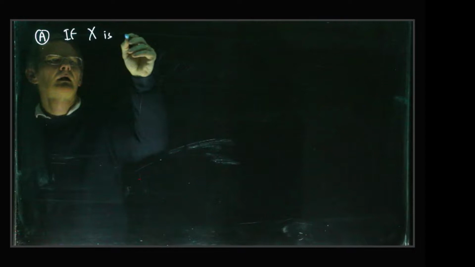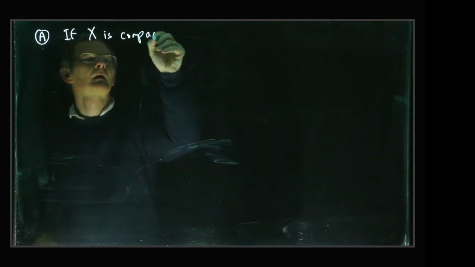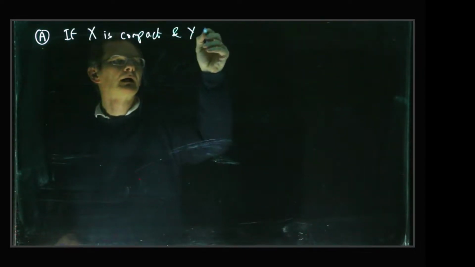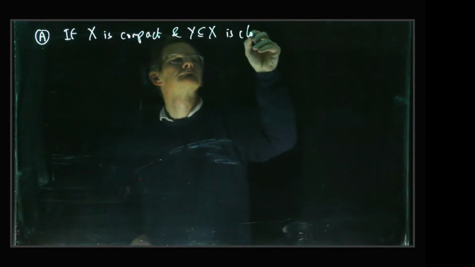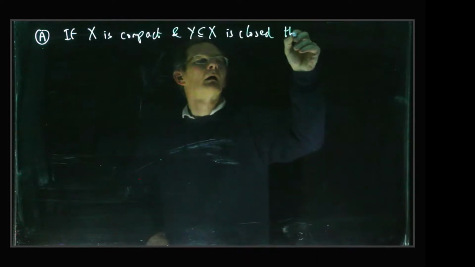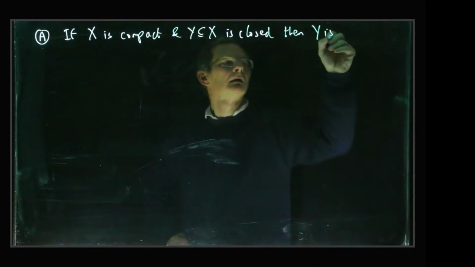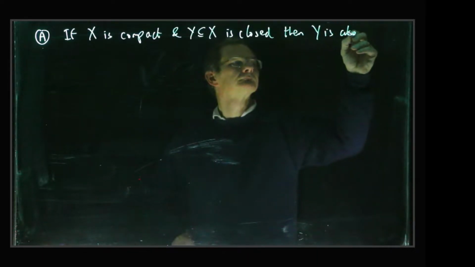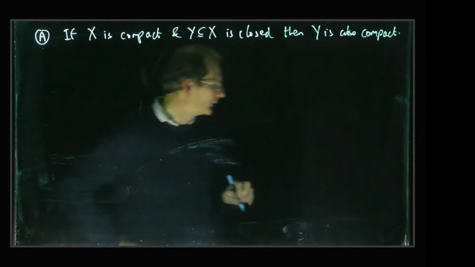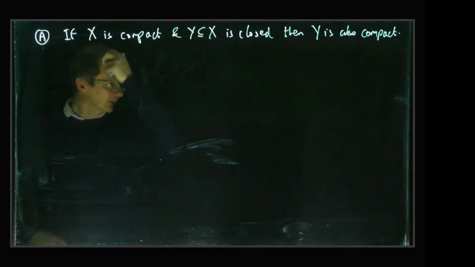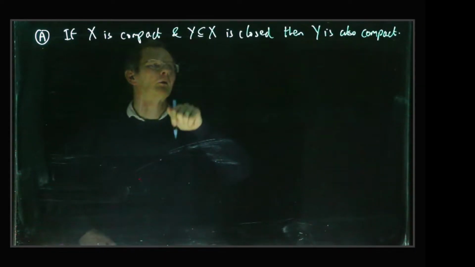So the first result is like this. If X is compact and Y is a closed subset, then Y is also compact. Closed subspaces of compact spaces are compact.